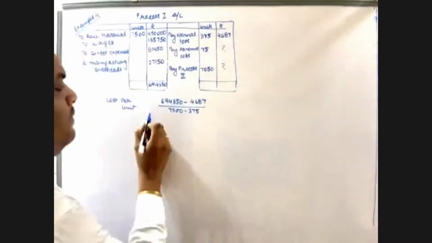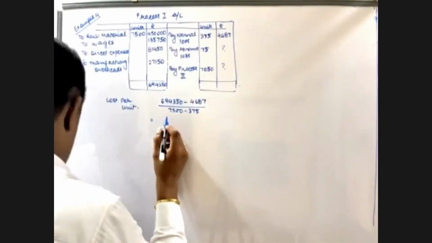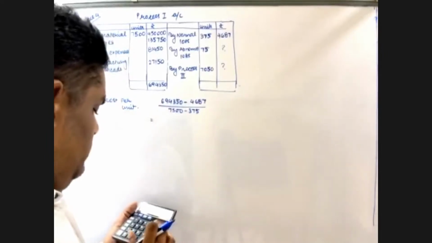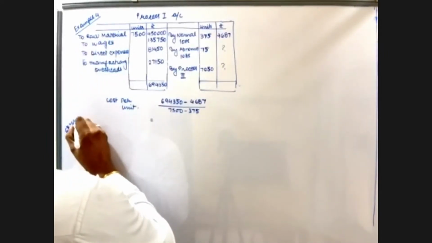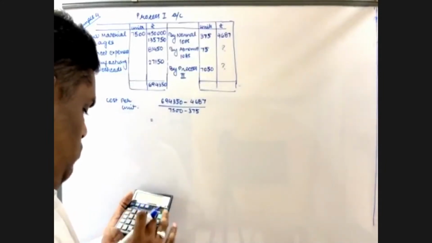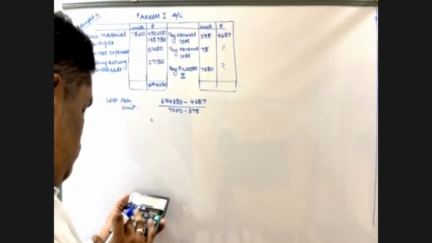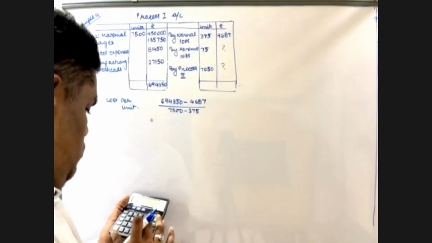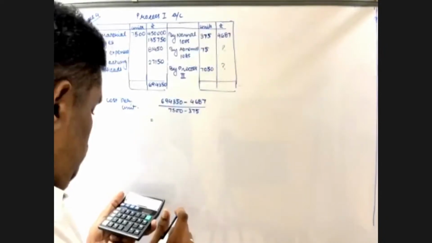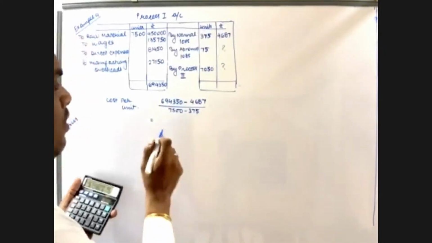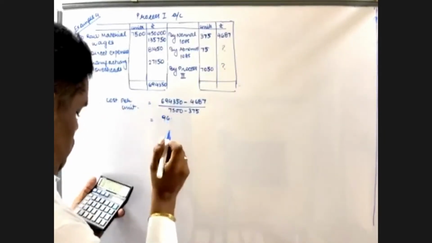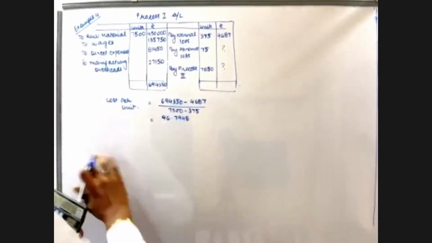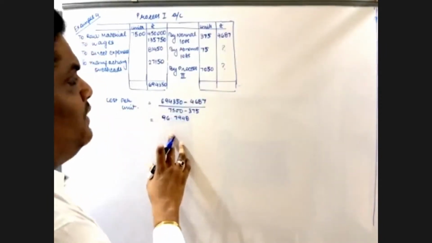So this will be 689,663. We can directly calculate it. 96.7948 is the final answer, that is the cost per unit.